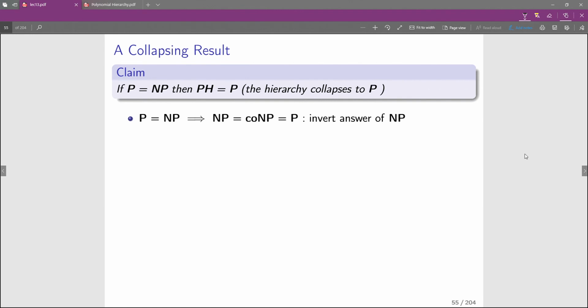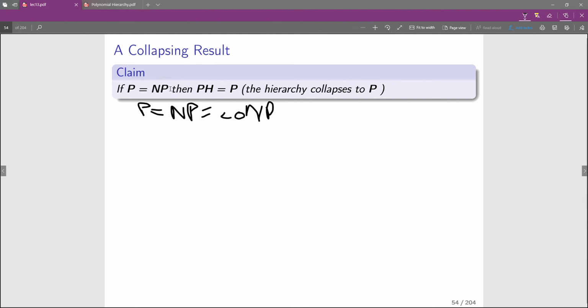So the first observation we can draw is that if P equals NP, then NP equals co-NP equals P. This is important. I think this has been proved previously also. How can we say that NP equals co-NP if P equals NP?